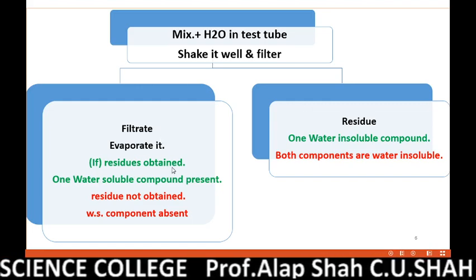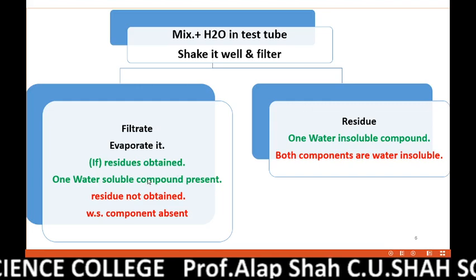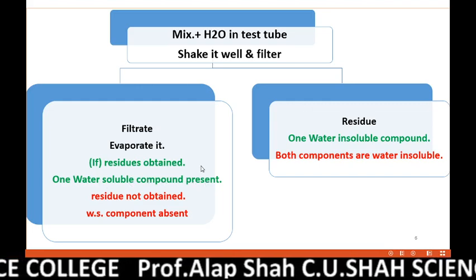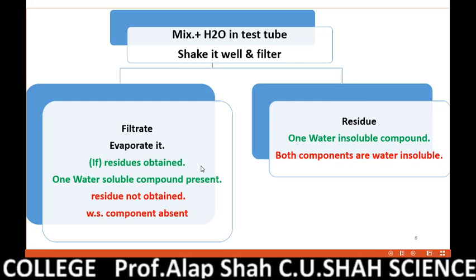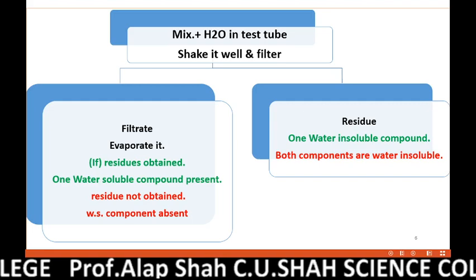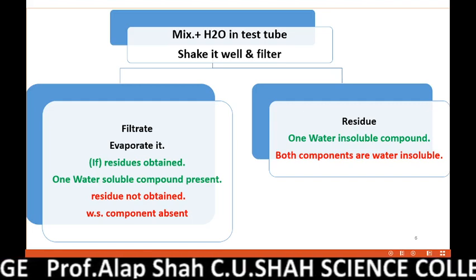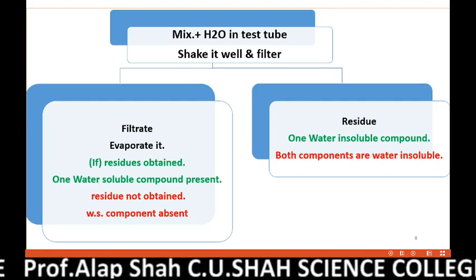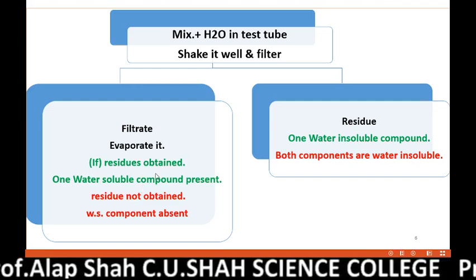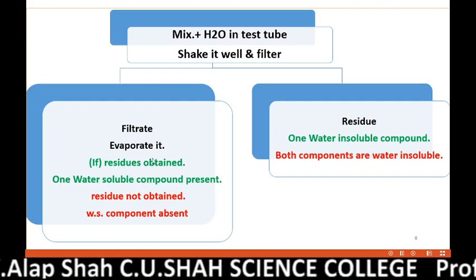If residue is obtained, then we would say one water soluble compound is present. When all the water of the filtrate is evaporated after heating and you get residue, we can say that a water soluble compound is present. See the color code, green.